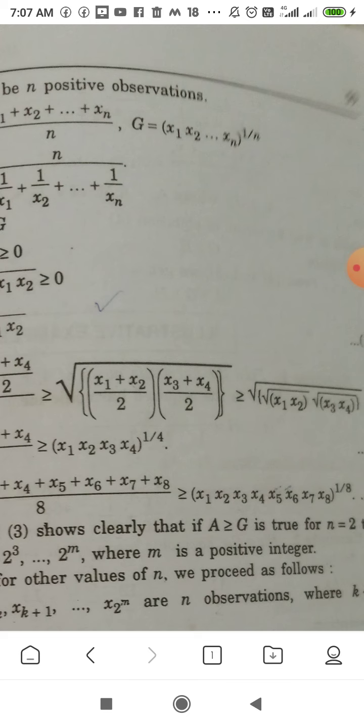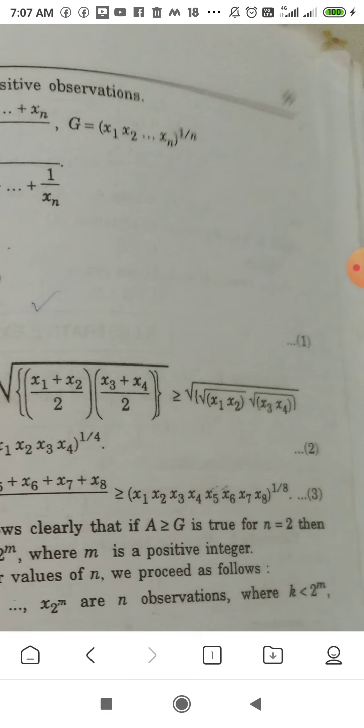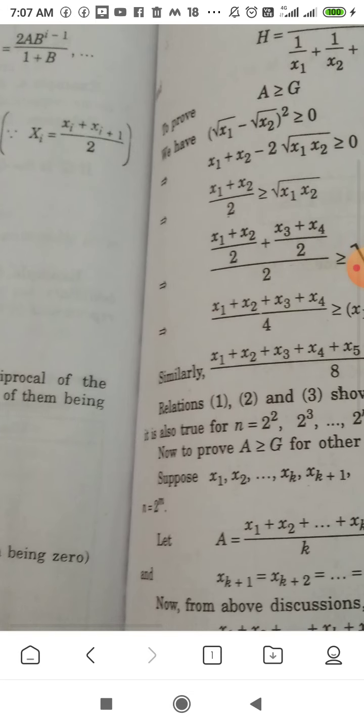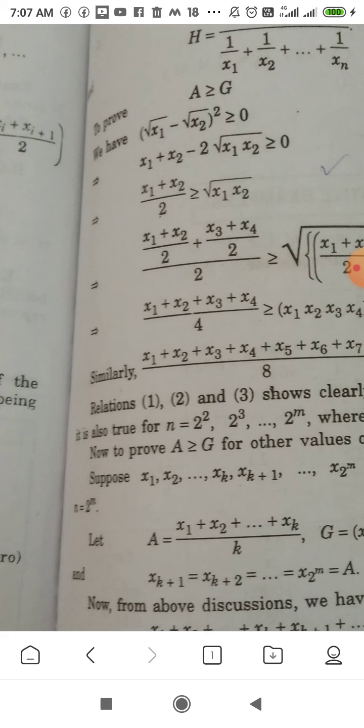Now solving this and equating, we get the proof for the 4 elements.